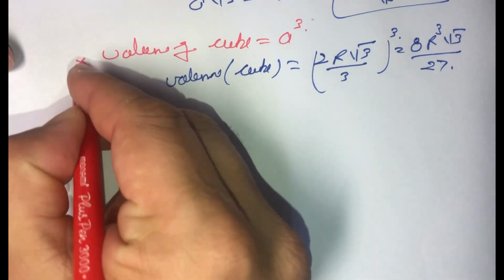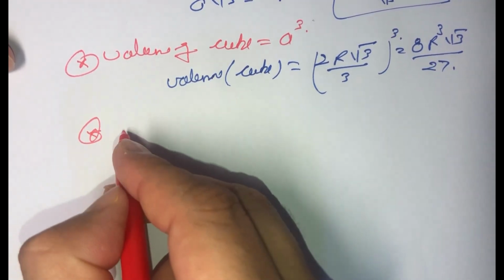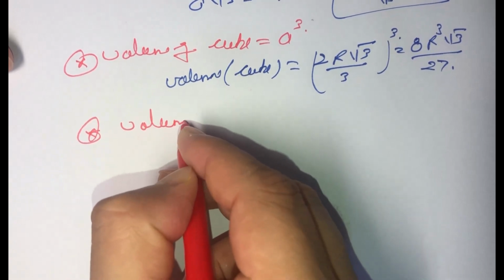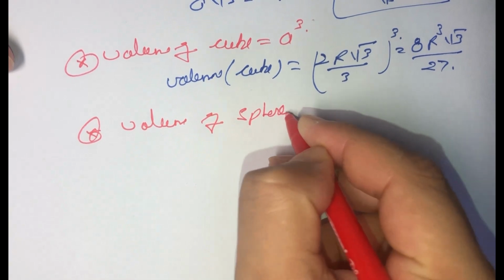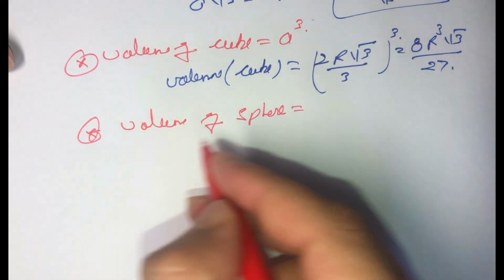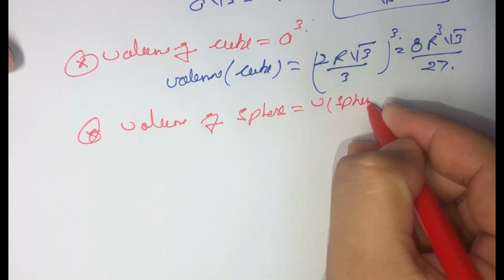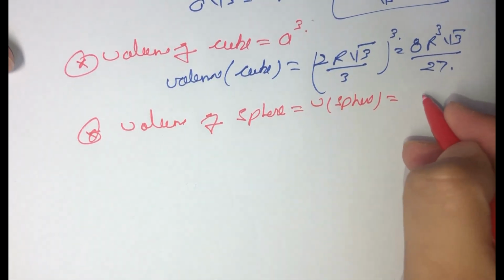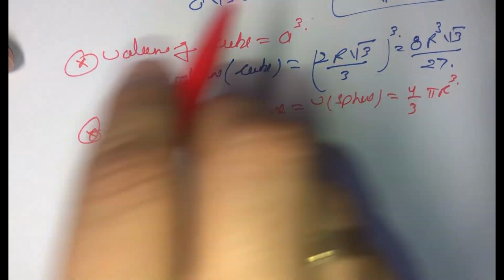Similarly, we can find out volume of the sphere. Volume of sphere, V sphere, will be equal to 4 by 3 pi r cube.